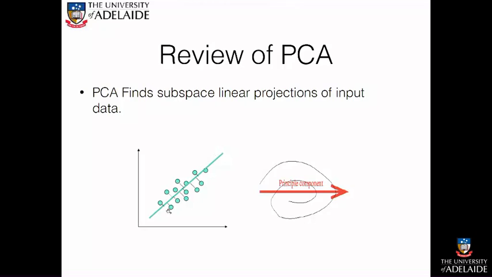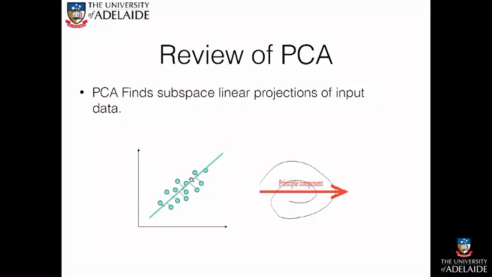So check this example. Given such a data set, this will be the first direction, the first axis of PCA, because along this direction, the variance of the data becomes largest.